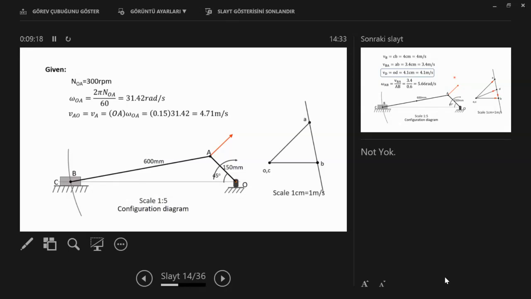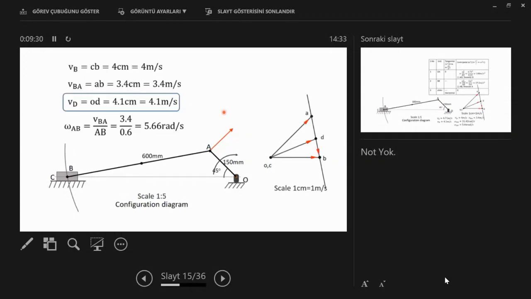That means this is my VB, and this is A relative to B. And our vector calculation is VB equals VA plus VBA. So like this here.